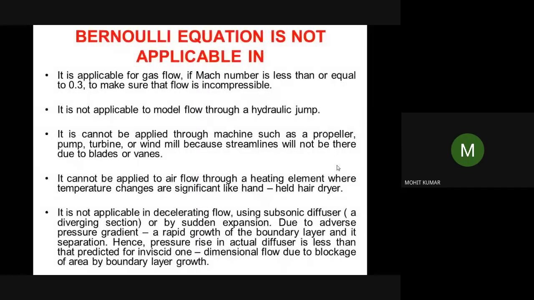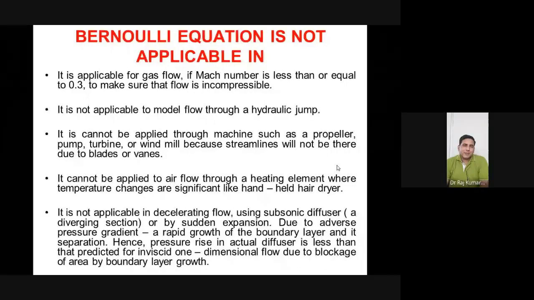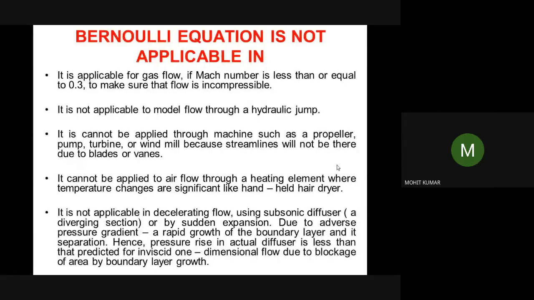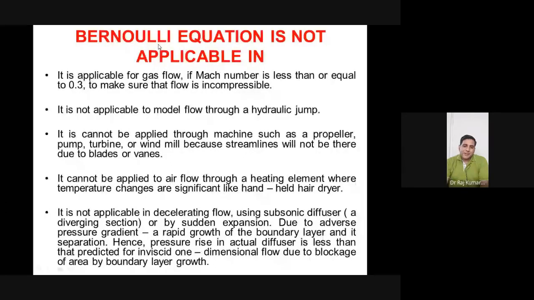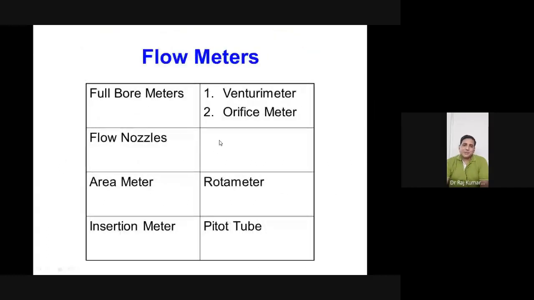Student: Sir, in an orifice meter, isn't there a sudden contraction there? Yes, sudden contraction in the orifice meter, it is there. Student: Then sir, why do we use Bernoulli there? Yeah, that's what I told you. We don't have any other option to calculate.